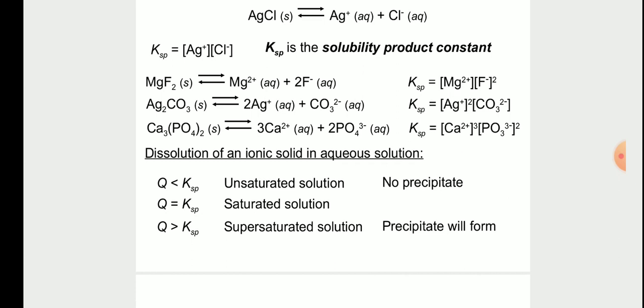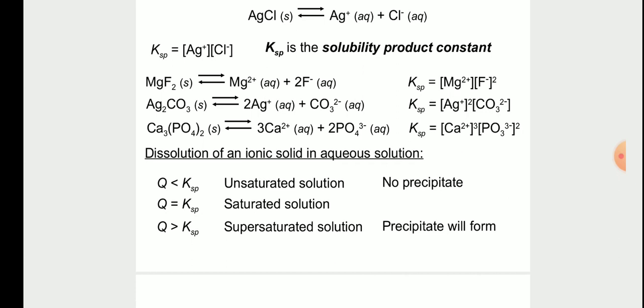If there is no precipitate and it is not completely dissolved, but under equilibrium, then Ksp is the product of Ag plus and Cl minus, and it is a standard value, because in equilibrium for a saturated solution, the value is the Ksp.